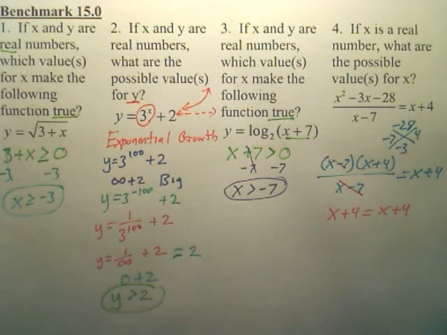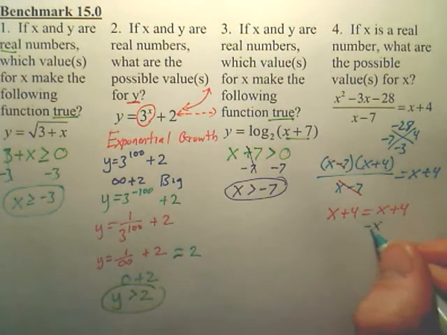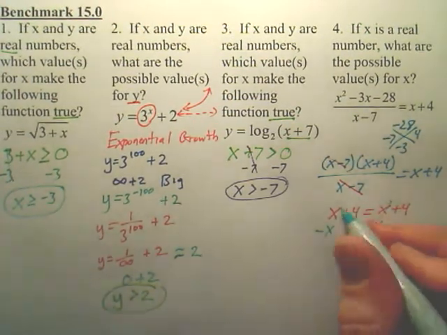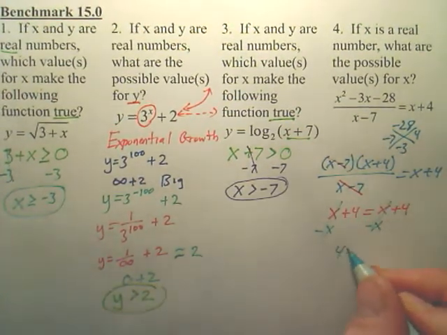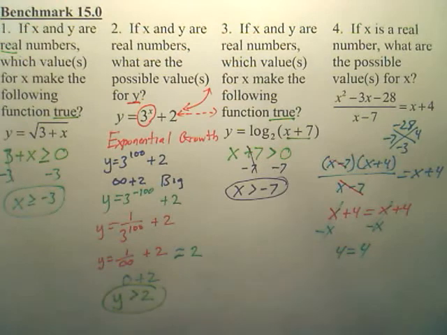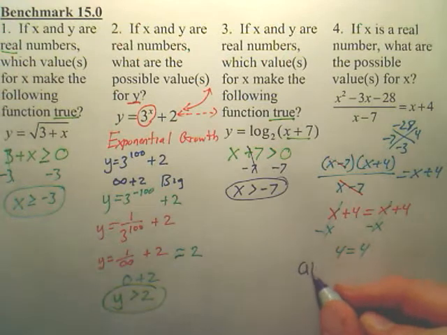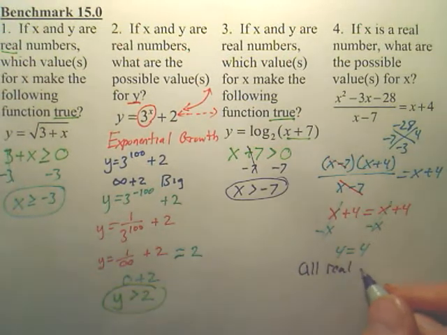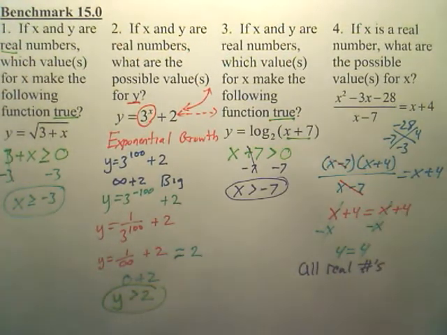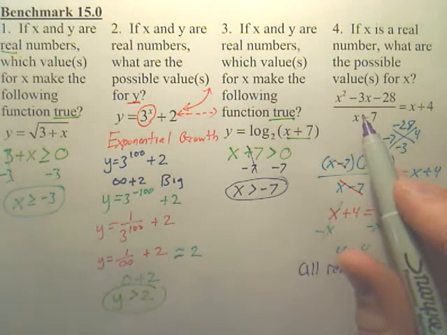So let's solve this to find our x values. But when I solve it, watch what happens. Don't my x's disappear? Now when your x's disappear, it's either no solutions or infinitely many. Is this a true or false statement? True. So this means all real numbers. But there's an exception. All numbers work, but look back at your original function.